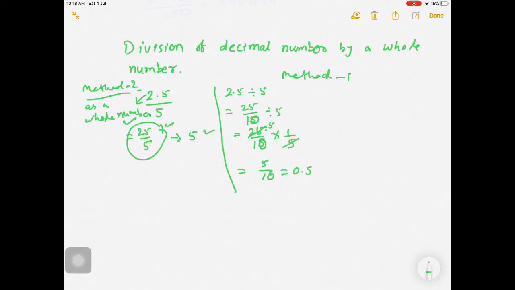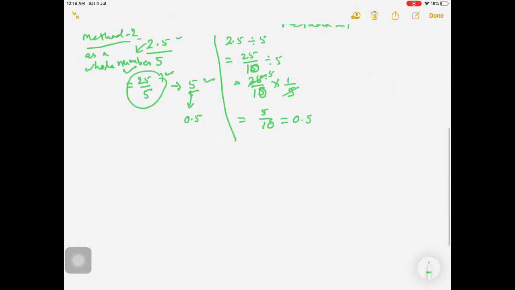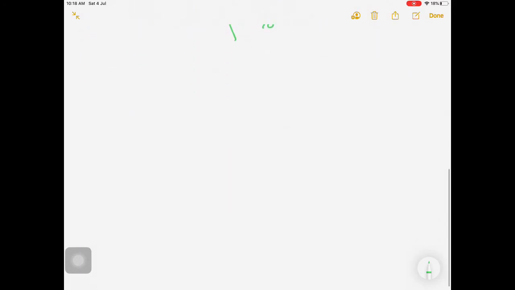Now after we get this answer, we shall see how many places were there after the decimal point. There was only one place here. So from right we move one place towards left and put the decimal. So we get 0.5.